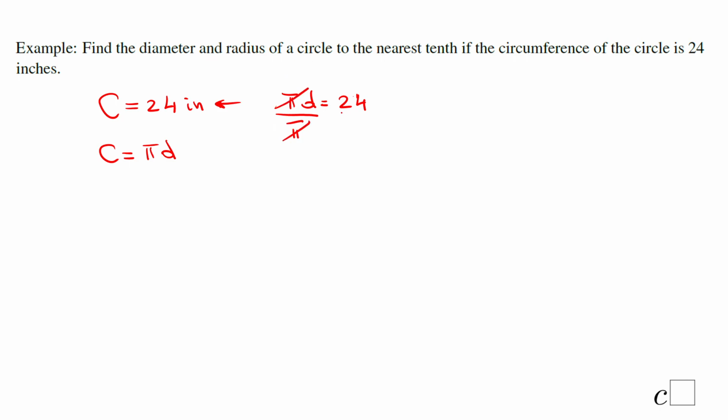So these two cancel out. Don't forget to do that on the other side. And this is the exact answer for our problem. The diameter of this circle is 24 over pi. If you need to evaluate, just use a calculator and put it in.